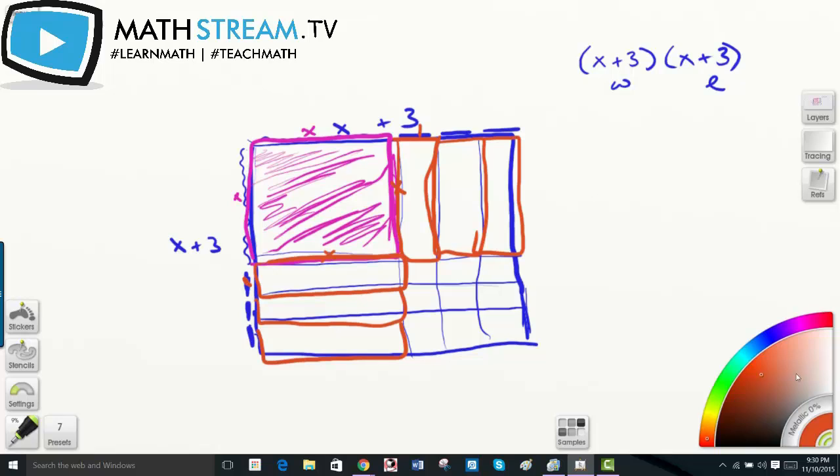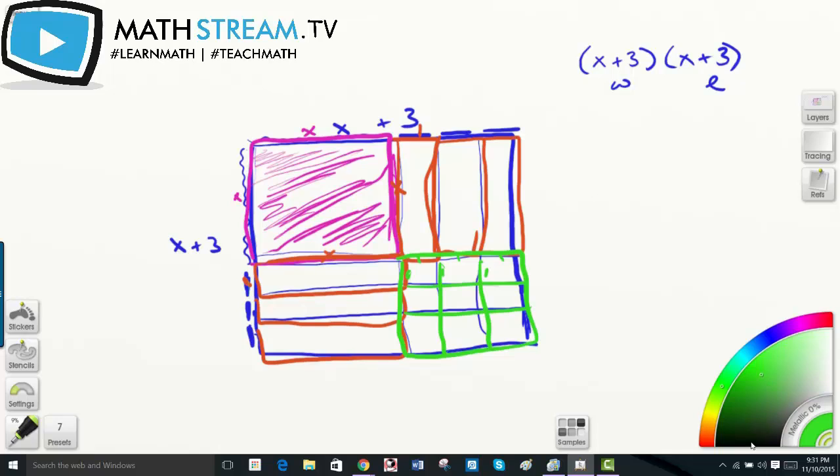And each of these smaller squares, we'll do green, are 1 by 1. If you think about the width that we defined, this is a width of 1, this is a width of 1, so this is 1 by 1, 1 by 1.